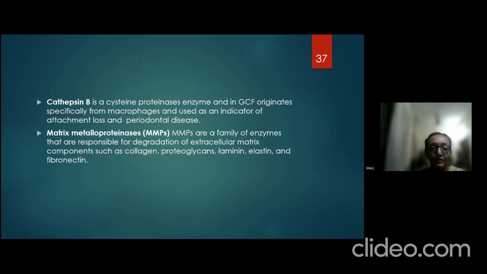And one more enzyme which is of diagnostic value is the matrix metalloproteinases, which belong to a family of zinc-containing enzymes, and they are responsible for degradation of extracellular matrix components such as collagen, proteoglycan, laminin, elastin, and fibronectin.